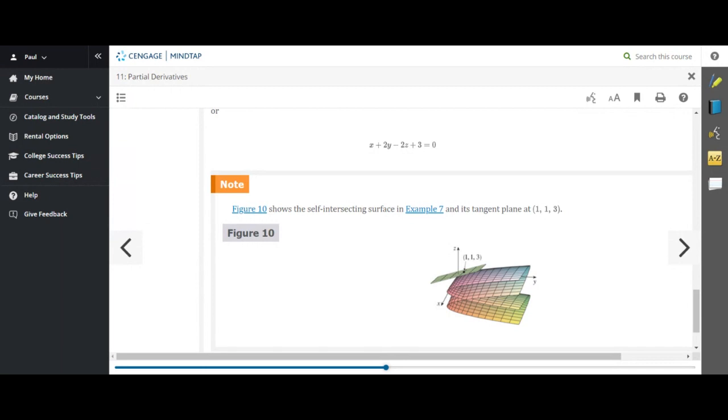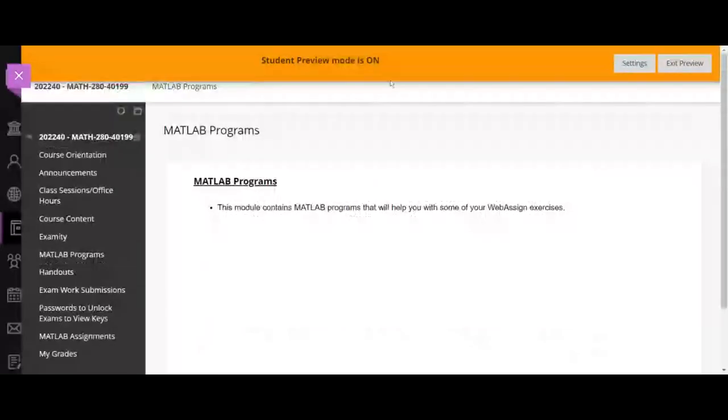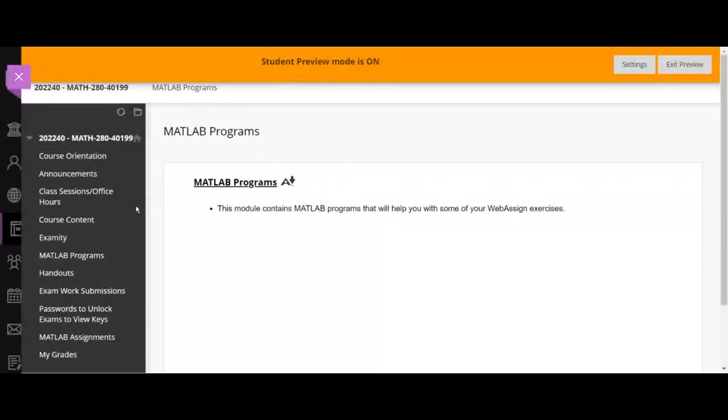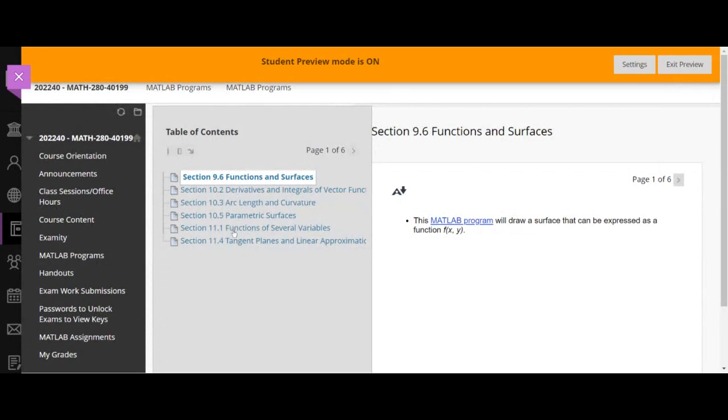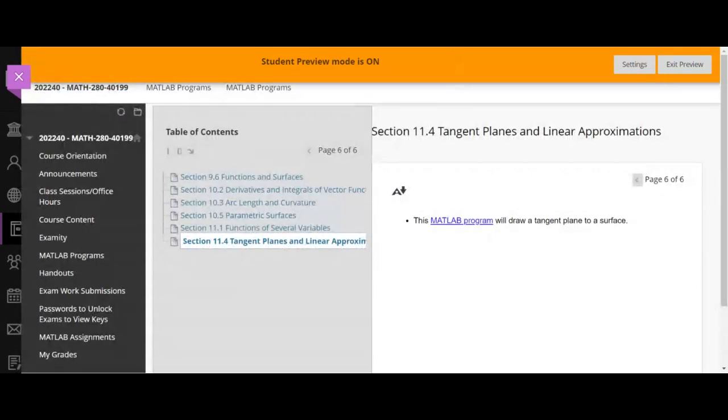If you go into the Blackboard and click on MATLAB Programs, and then click on the module, and then click 11.4, please click on that MATLAB program, open it up, and then take the code and paste it into MATLAB.